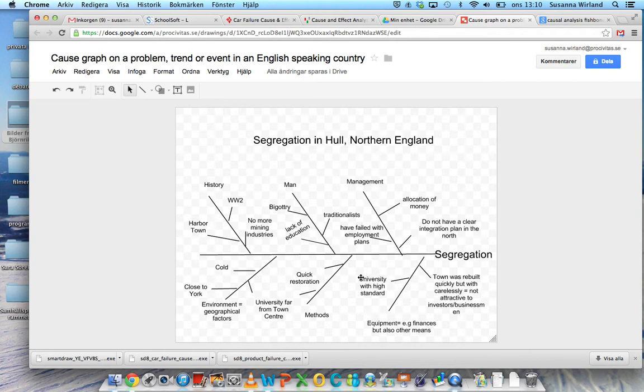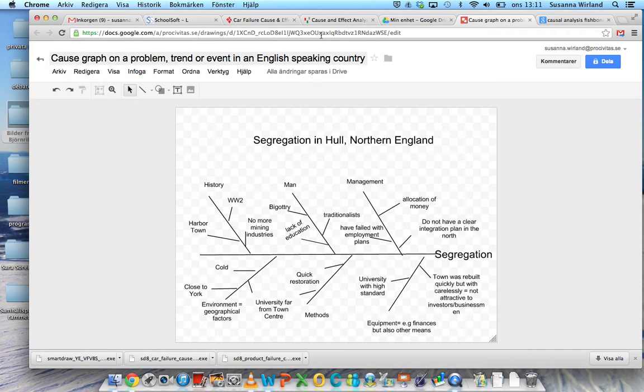Even though there is a university with a high standard, there is no plan to really integrate the people who have studied at the university. So when they take their degree, they move away from Hull. So all of these factors could be possible causes of segregation in Hull, Northern England.